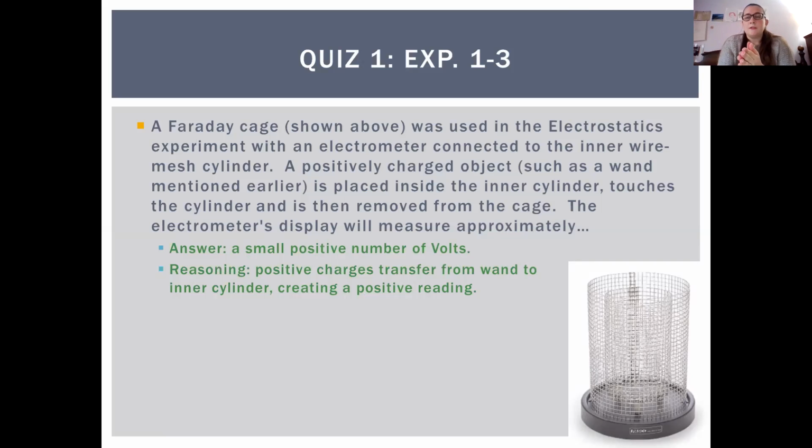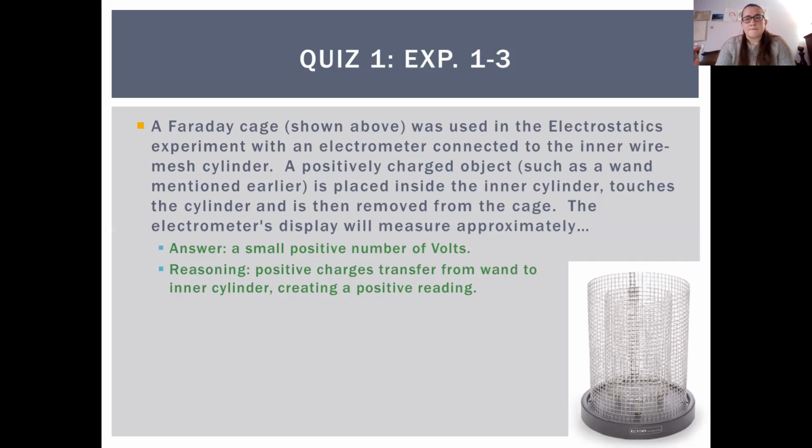What we did for this experiment, we rubbed wands together, and then we dipped them into that middle cylinder and saw whether the electrometer read positive or negative or 0. When we rub the wands together, one of them rips electrons off the other one. So the one that has extra electrons ends up being negatively charged, and the one that loses electrons is positively charged.